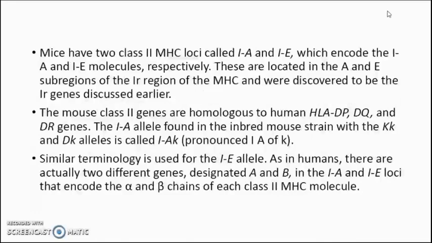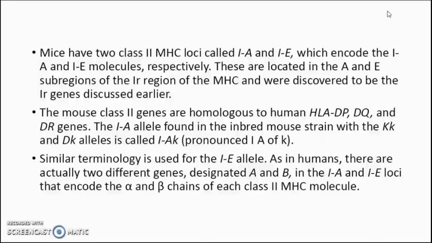Mice have two class 2 MHC loci called IA and IE, which encode the IA and IE molecules, respectively. These are located in the A and E subregions of the immune response, or IR, region of the MHC and were discovered to be the IR genes discussed earlier.